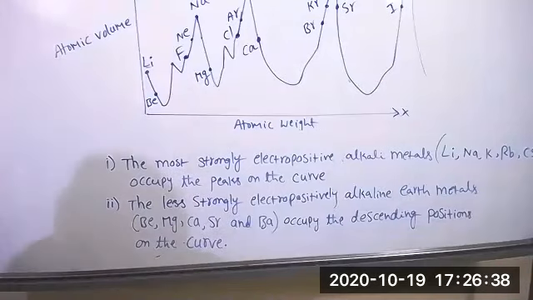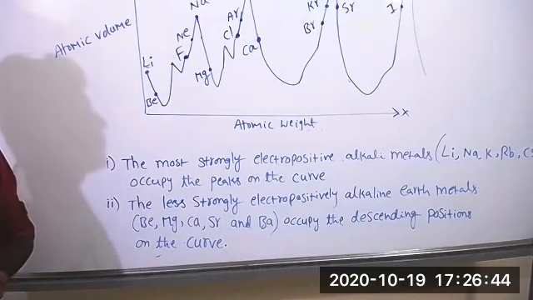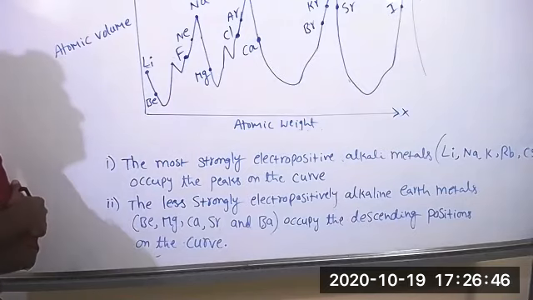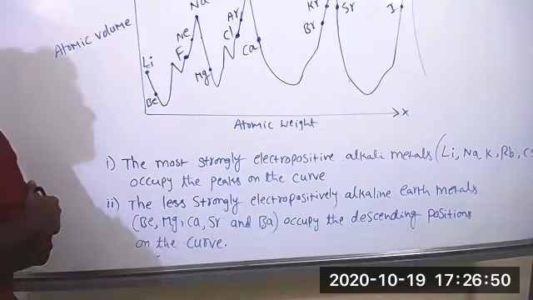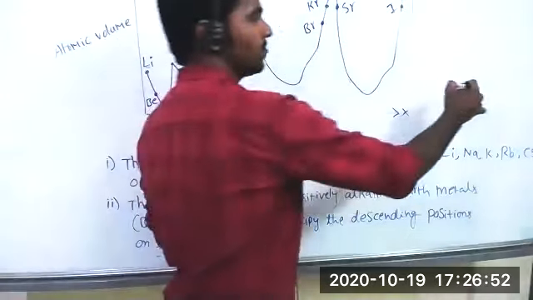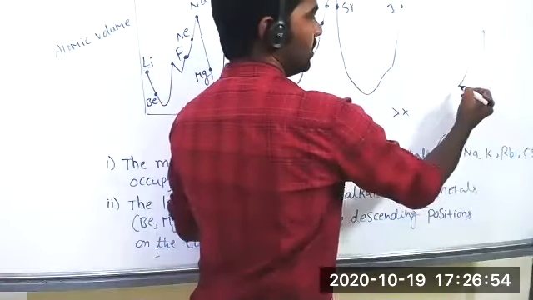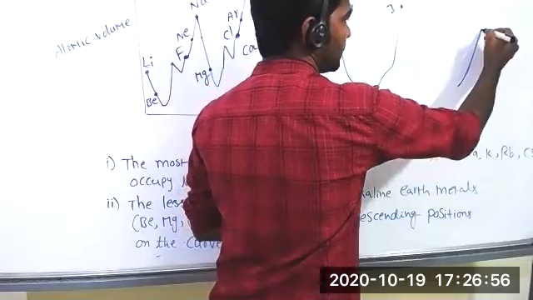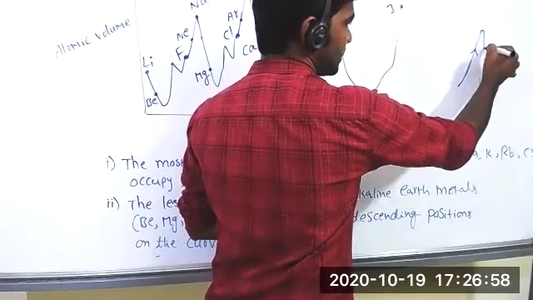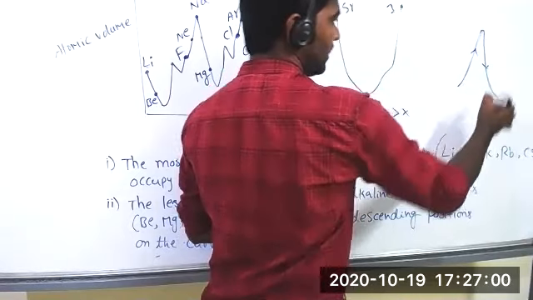So if all of you have written that point, see what is descending order and ascending order? First tell me, what is ascending order? Small to big is ascending and big to small is descending. Suppose this is the curve. This is ascending order, right? And this is descending order.